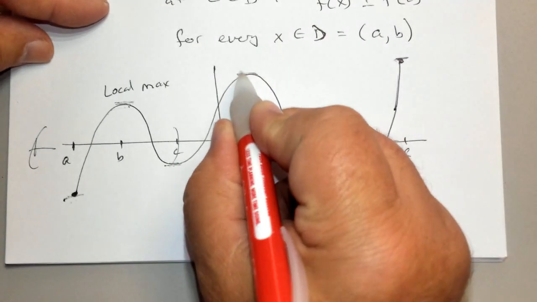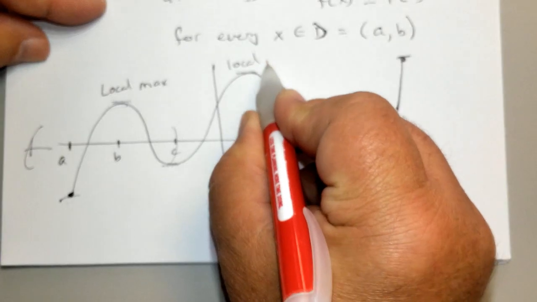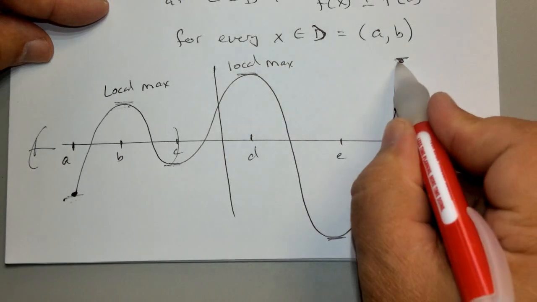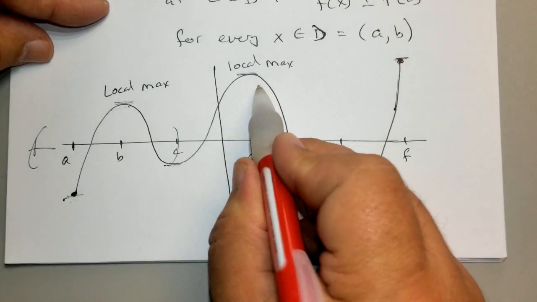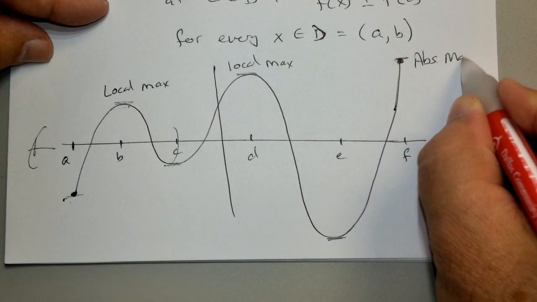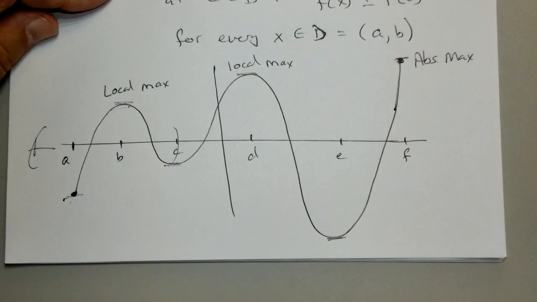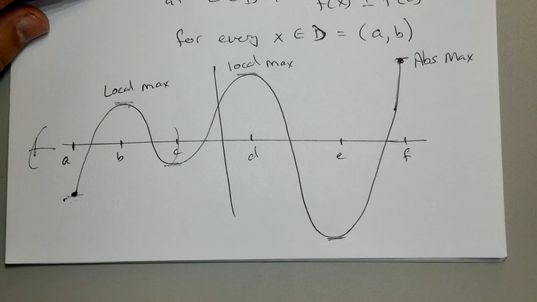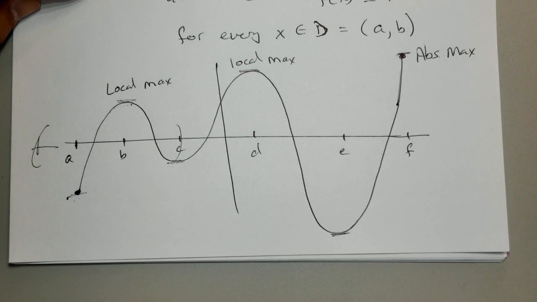So this is another local maximum because this point is higher than that. This one's the absolute max. It's the highest of the entire graph. How many local minimums do we have?